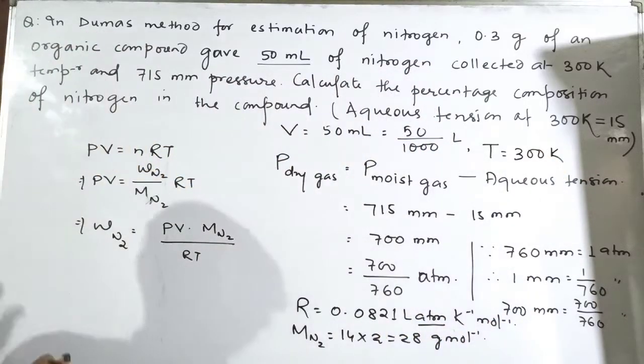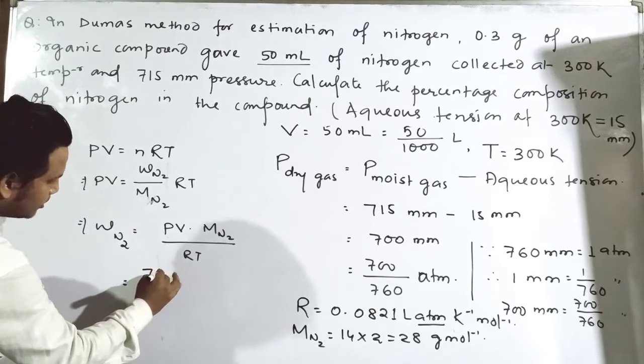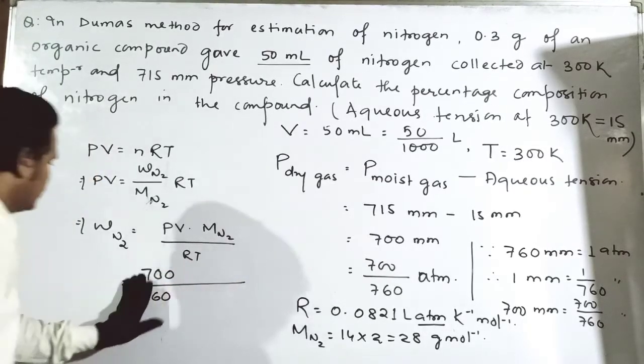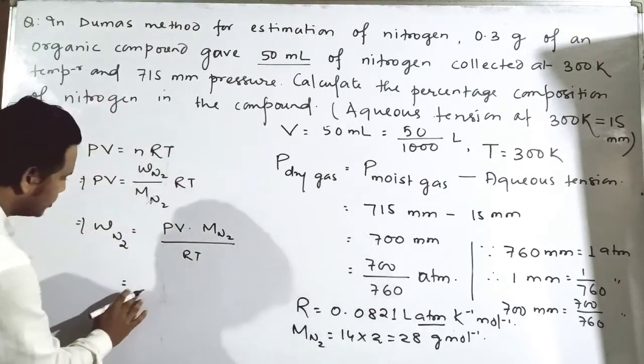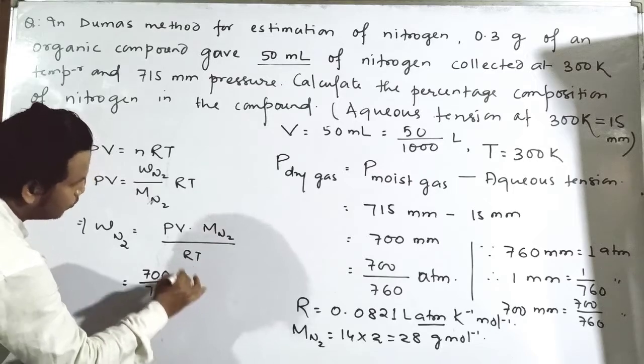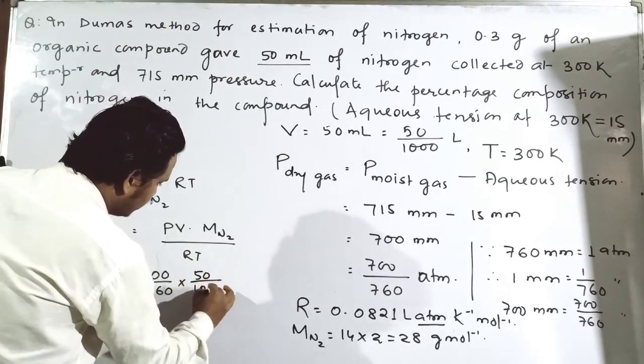Put all the values. Pressure is 700 by 760 into volume. What is the volume? 50 by 1000.